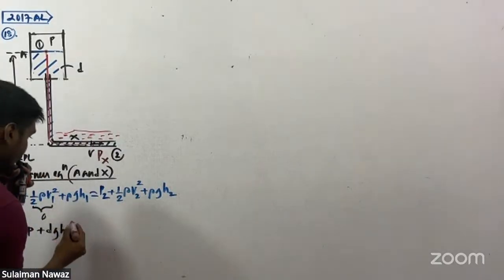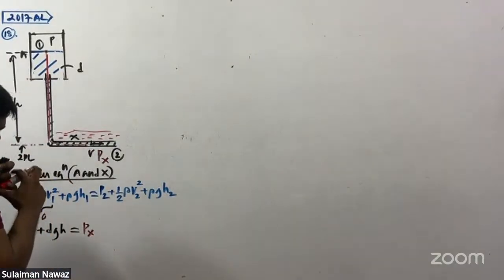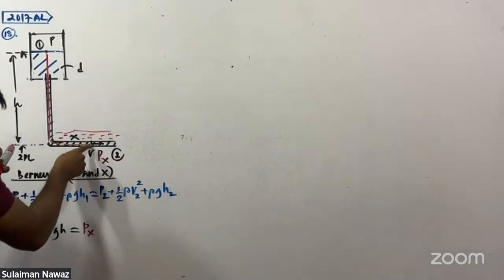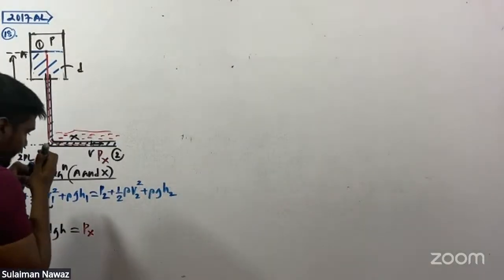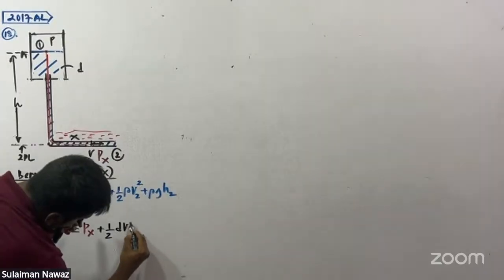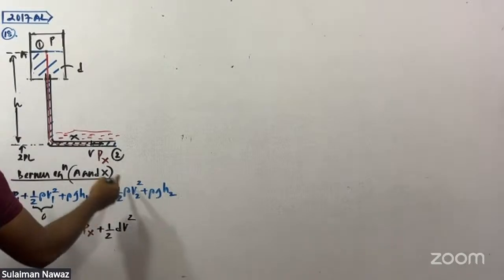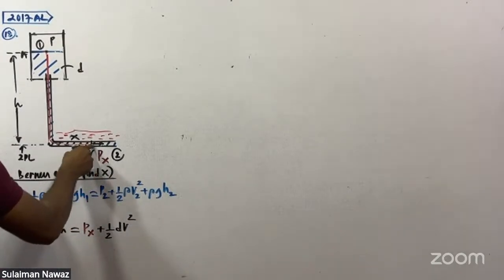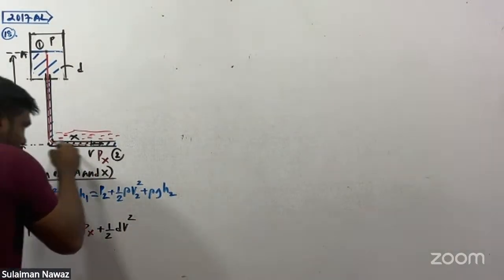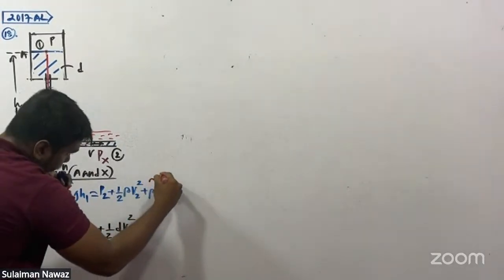Velocity of the fluid particles at point capital X is V, so half d V squared. What can I say about the rho g H2 term? Since point capital X is on the same zero potential level, rho g H2 is going to be zero. This is what I got.